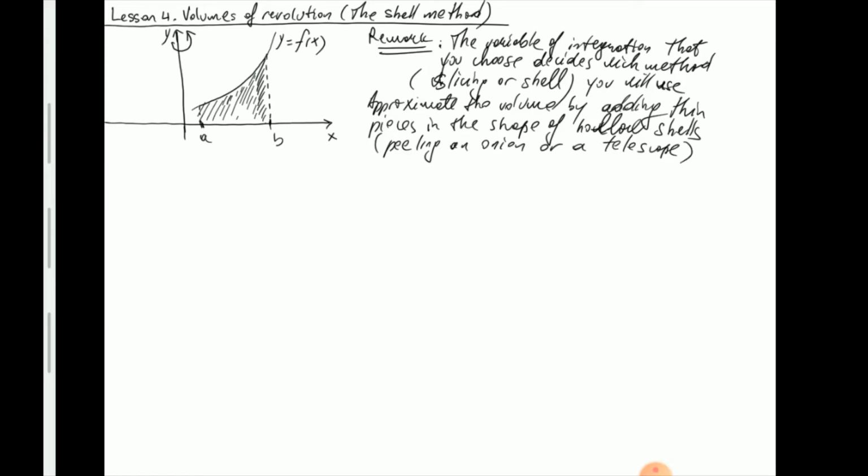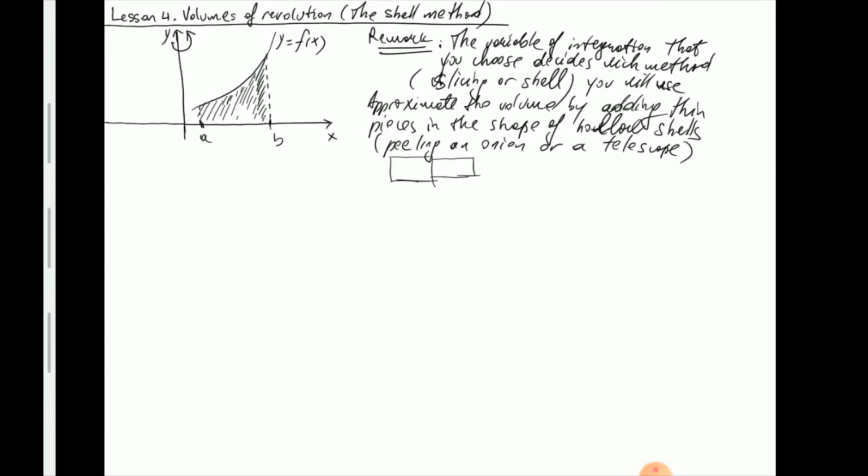This is kind of an exaggeration because with a telescope you don't have that many outer shells. But imagine that you have a cylindrical object like a telescope, and you expand it. So let's say this is a telescope that is folded in, and then you expand it.